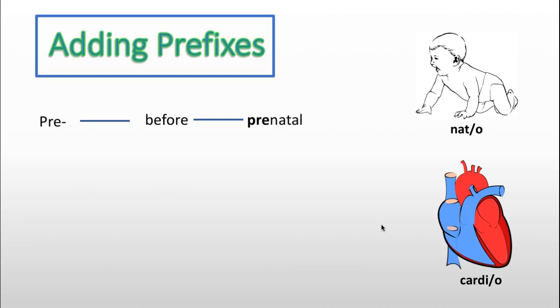The opposite meaning of pre is post, and this means after. And if we add this to the root nat, we get postnatal, which means anything related to the time after birth.